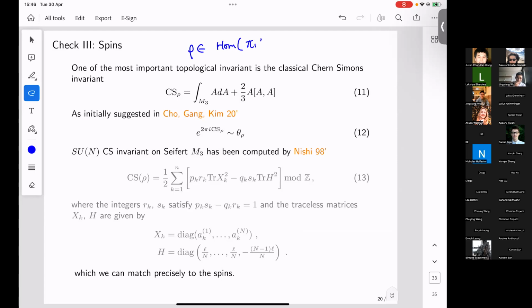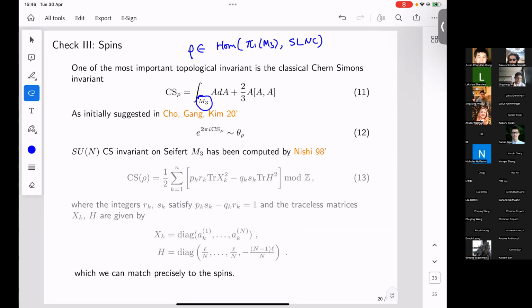So π1 from M3 to SL(N, C). But a simpler way to understand the flat connections is simply using the gauge field. And if you use that, you can calculate the Chern-Simons functional integrated over this choice of M3 you defined.